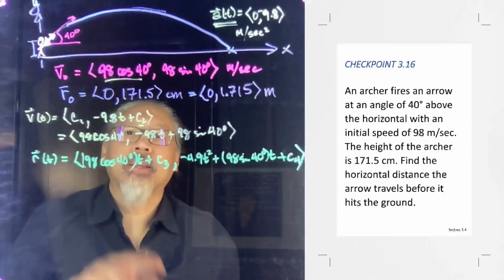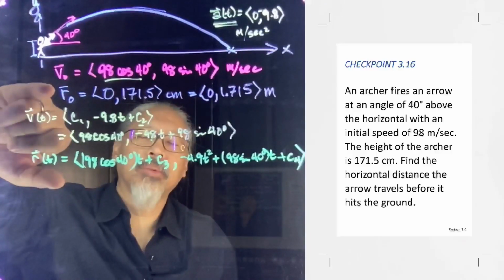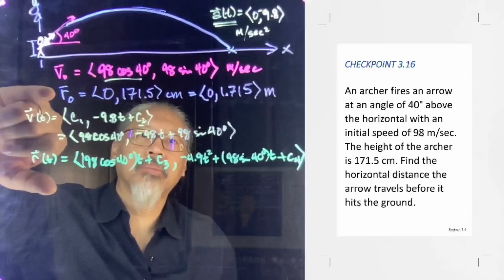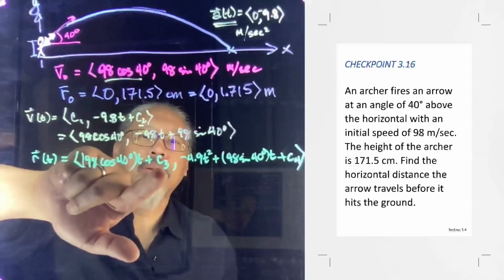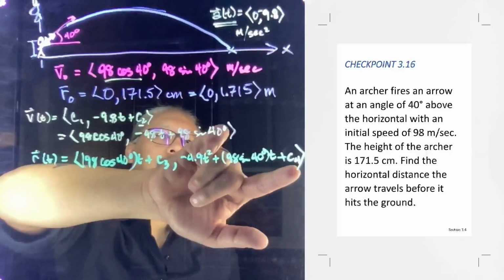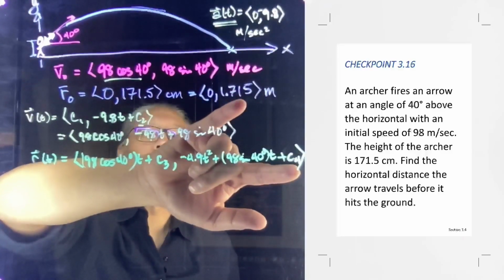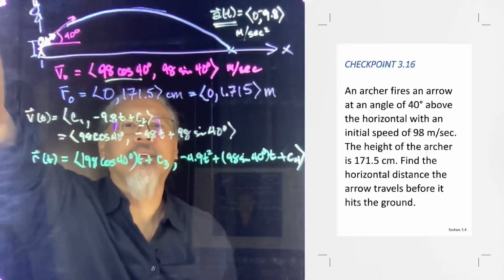When we let t equal 0, this is equal to the initial position, and it's just going to be the constants. So C3 equals 0, and C4 equals the component here, which is 1.715.